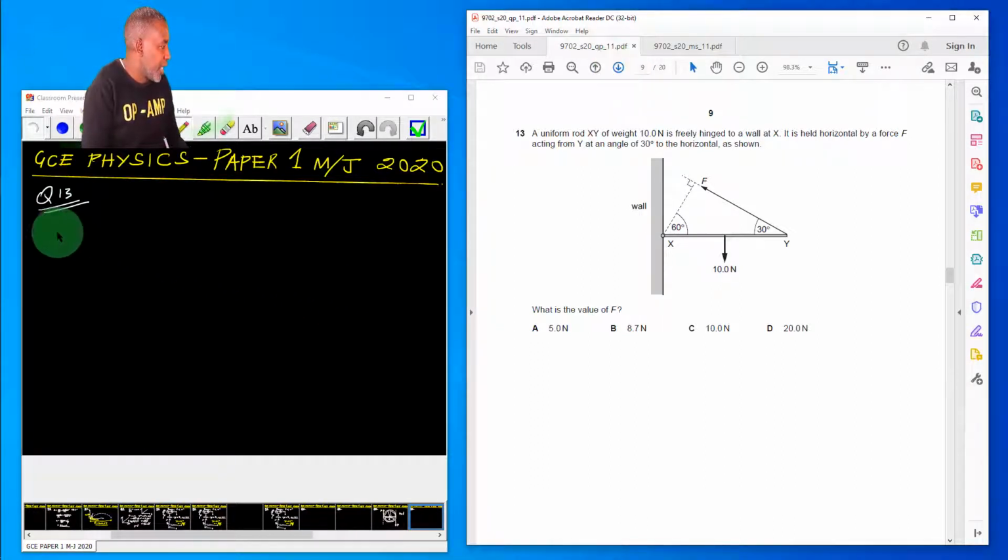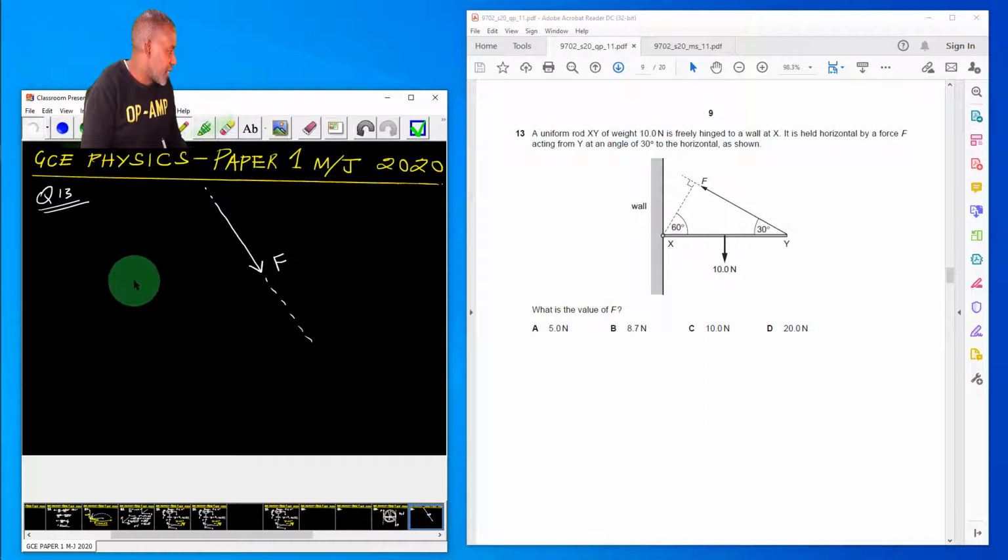Moment. I want to start by saying that let's assume you're given a force here. This is its line of action, the dotted line. And you're given some point here. And then you're required to get the moment due to this force about this point.